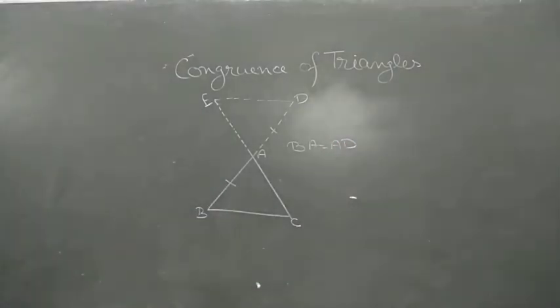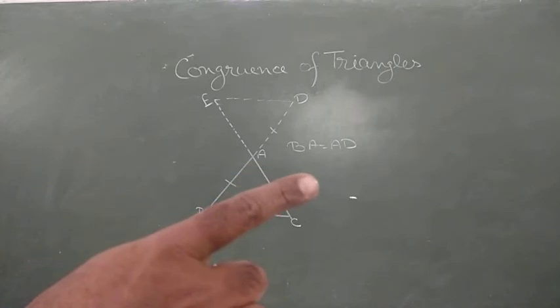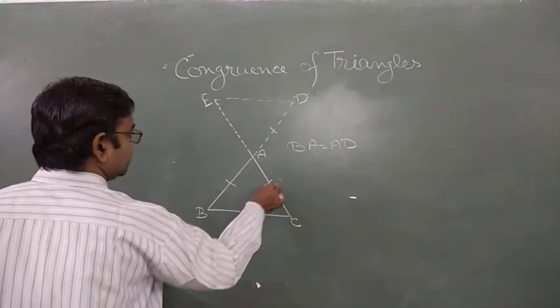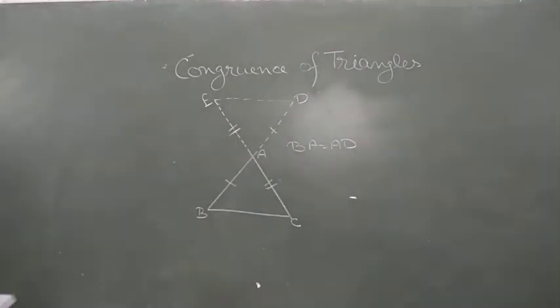Yes, I know that it is less visible. Again AC is produced so that these two sides are equal to each other. The question says: prove that DE is parallel to BC.